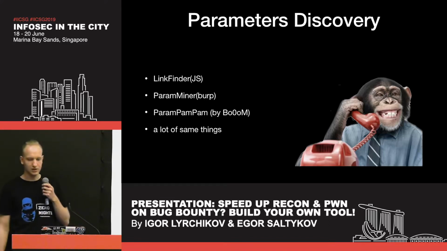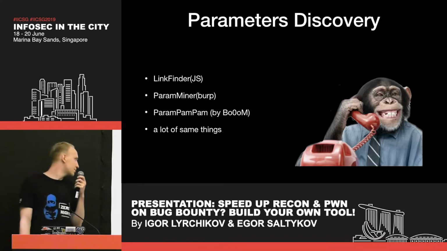Then you can also use Param Miner, which was designed for Burp Suite, but its source is really portable and can be converted to your own command line interface tool and involved in your script.